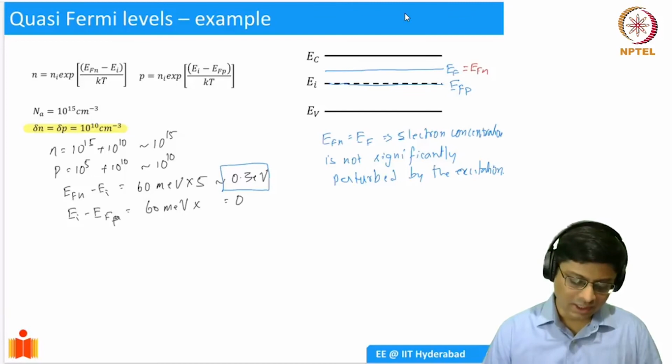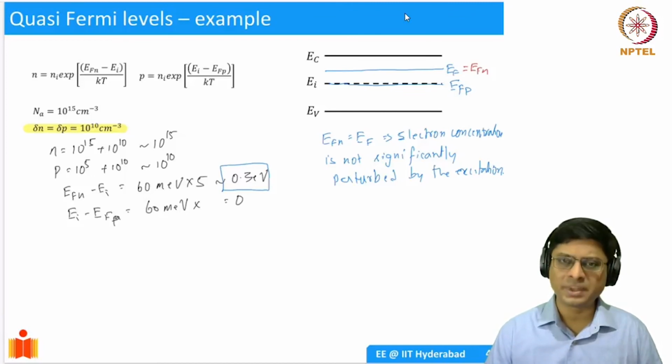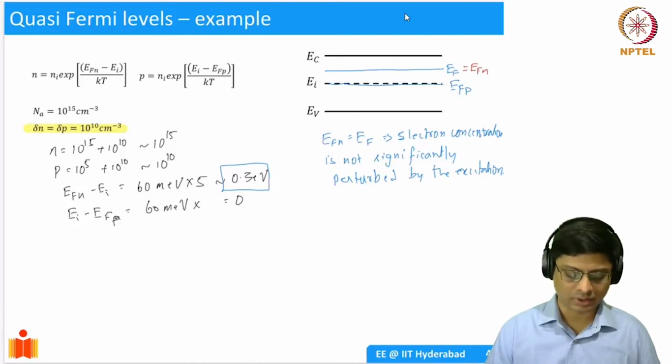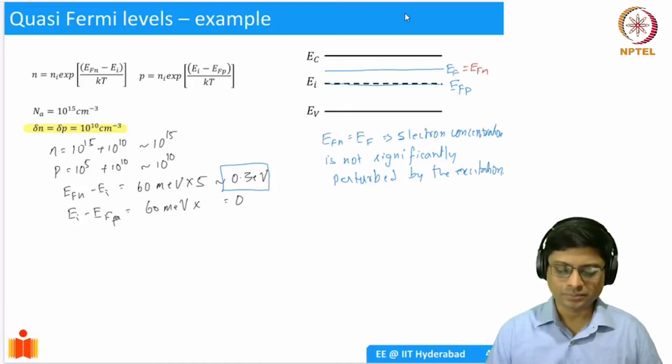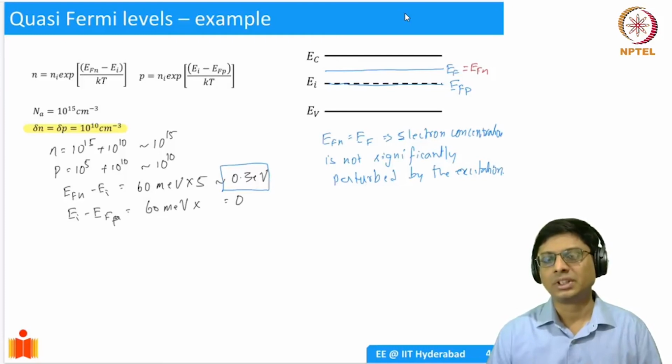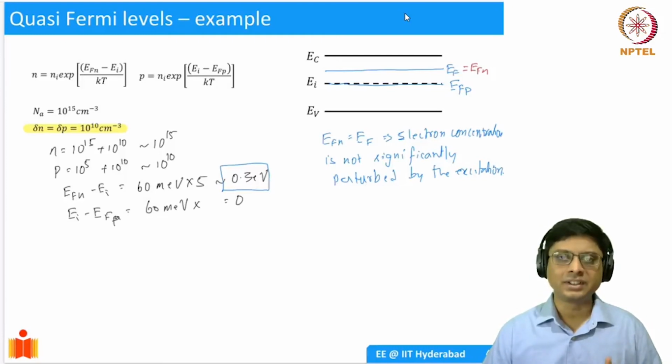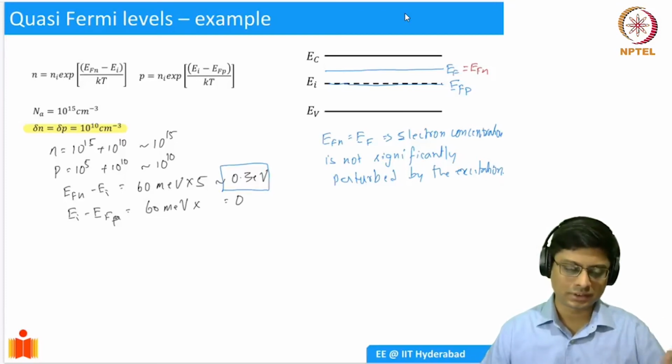And the EFP is changing. In the previous example, when the concentrations were 10 power 17, EFP was much closer to the EV. So basically, as the excess carrier densities increase, EFN goes towards EC.